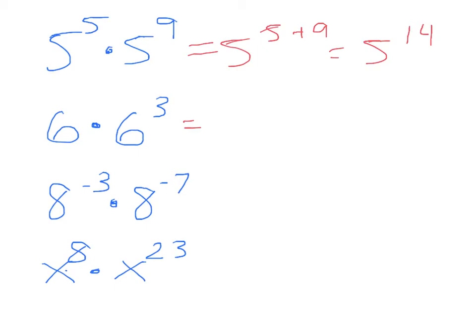Well, that 6 actually has an exponent on it. Remember, when it's just a number, it's got an exponent of 1. So that's really 6 to the 1st times 6 to the 3rd. So that's 6 to the 1 plus 3, which is actually 6 to the 4th.